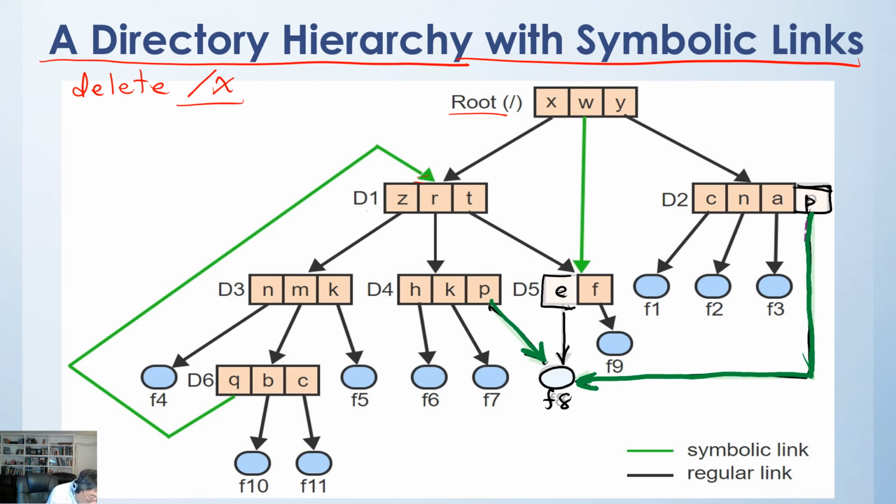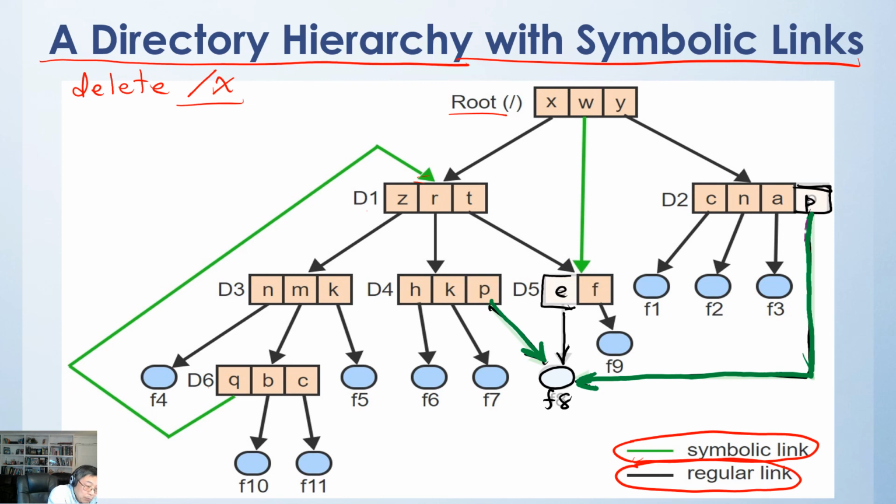If you look at the diagram, there are two types of links. One is called a regular link, which I draw in black color. And the other link, I use the green color. It's called a symbolic link. Now each file or directory is pointed to by only one regular link. So that means there's only one parent. If you have multiple links, there's only one regular link.